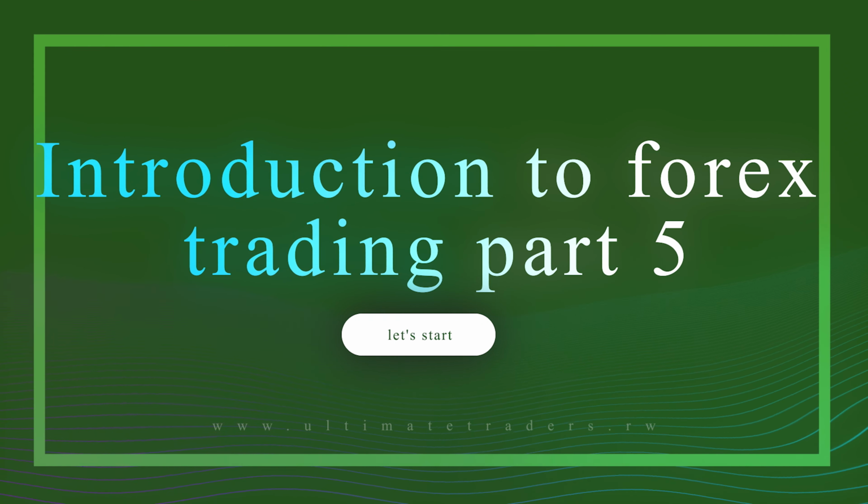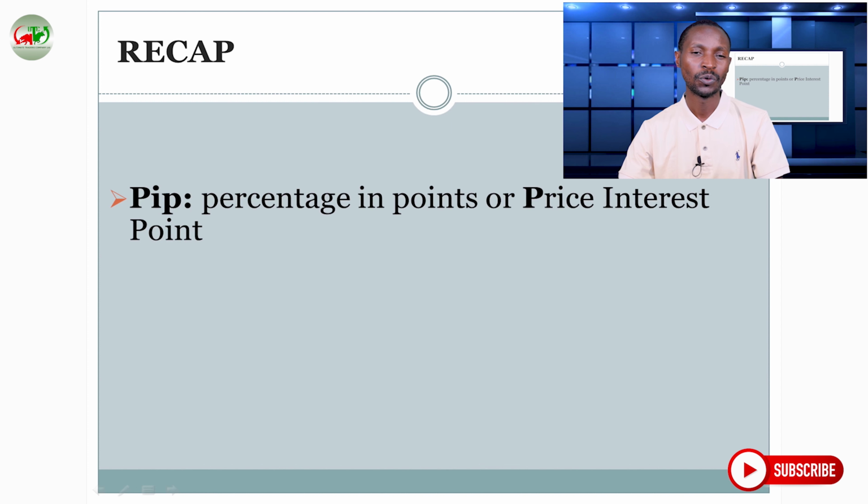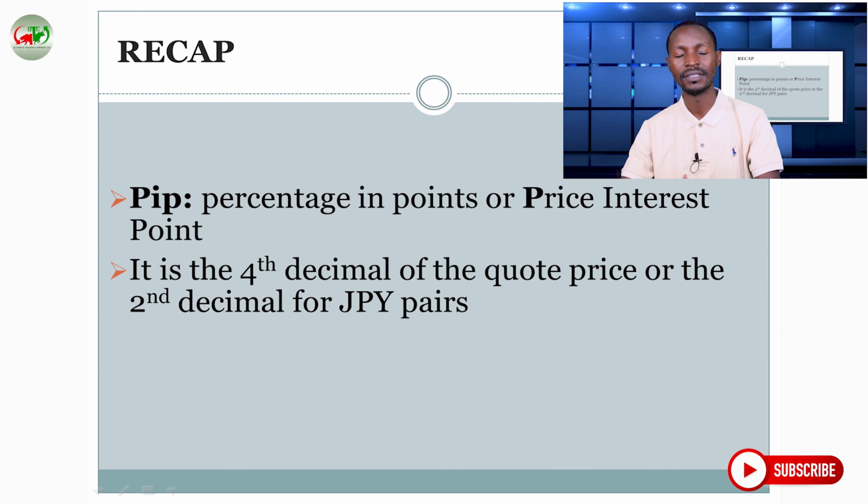We have seen that the PIP is a percentage in points or price interest points, which is the smallest change in a Forex quote. We have seen also that the PIP is the fourth decimal of a price quote for all the pairs except the Japanese yen pairs, where it is the second decimal.